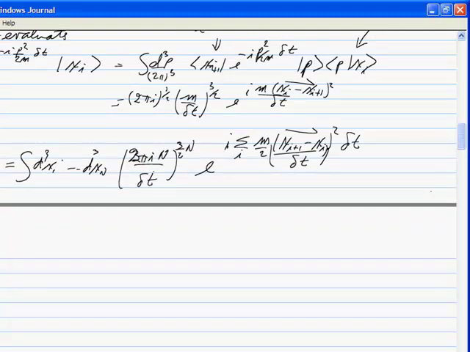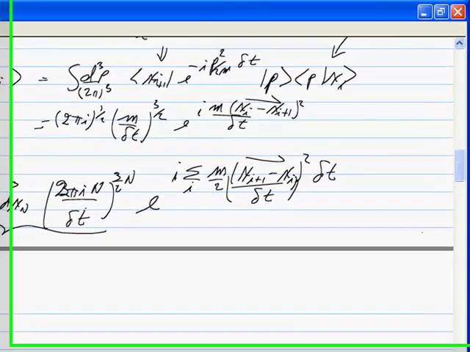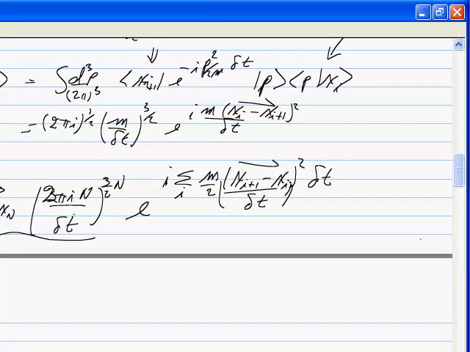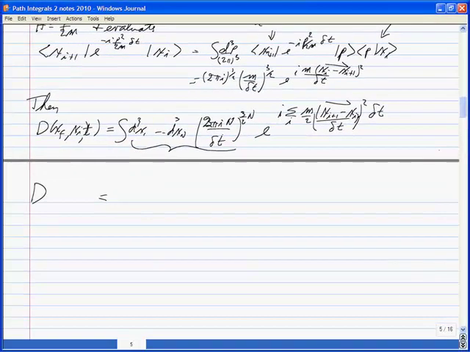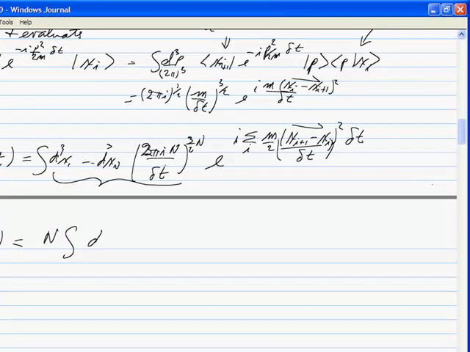Okay, we're going to group all these factors here. It's a bit funny because delta t is getting very small, but let's just do it. So you take the limit as n goes to infinity of this. This is then D of x, which is going to be defined as some normalization, which is that factor there, times the integral over dx, which is all those integrations, and this is norm.